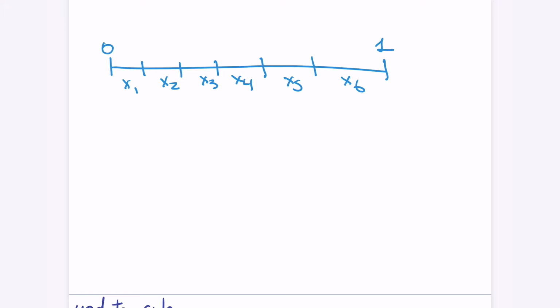If you have something like this, now you want to choose one day randomly. The sum of x's will add up to 1. So what we're going to do is think of this as a line, and you're going to randomly pick a random point between 0 and 1, and whatever x interval that happens to lie in, that's the day you pick.